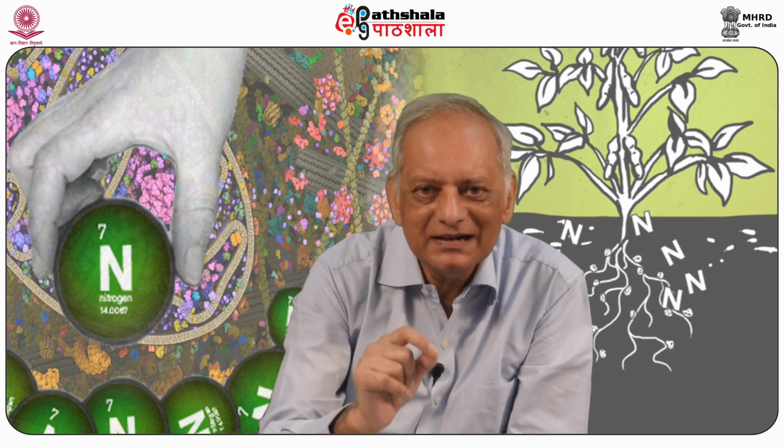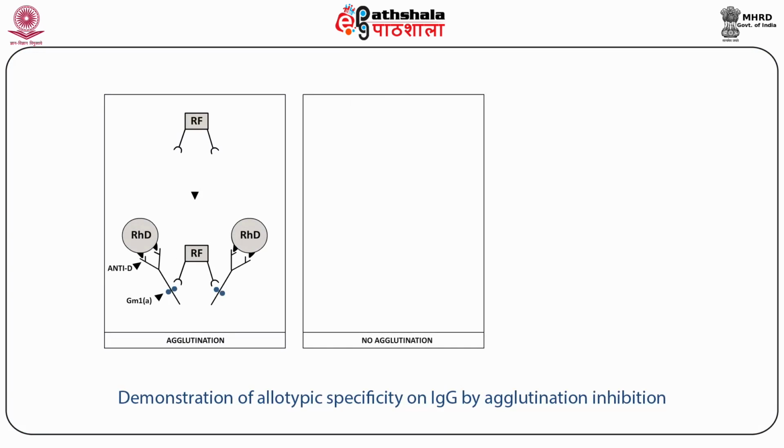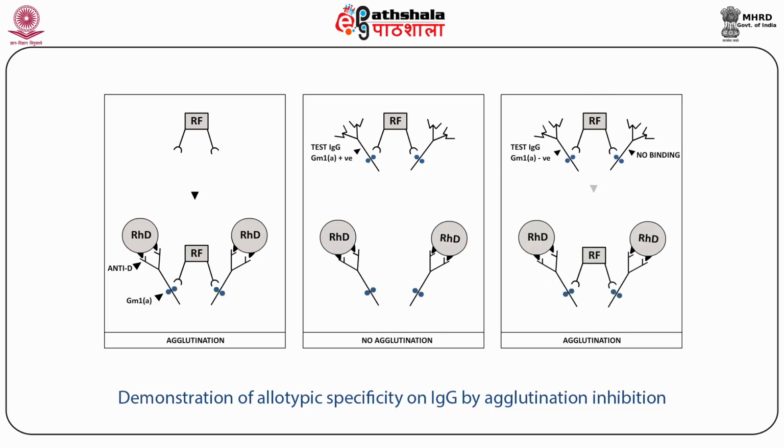Like ABO blood group antigens, allotypic determinants segregate within a species. The allotypic variation arises from allelic forms encoded by alleles, which are alternative genes at a single locus. Let us look at the allotypic specificity on IgG by agglutination inhibition.